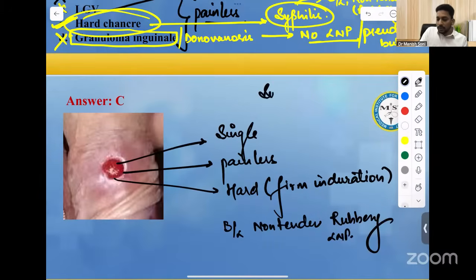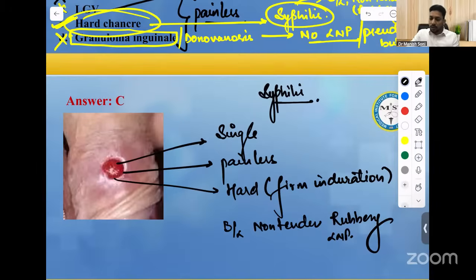All these are clues pointing towards syphilis. As you all know, you can remember syphilis as less: painless genital ulcer and painless lymphadenopathy. No pain in the lymph nodes, no pain in the genital ulcer. Everything is less.